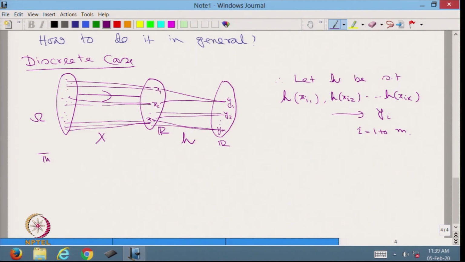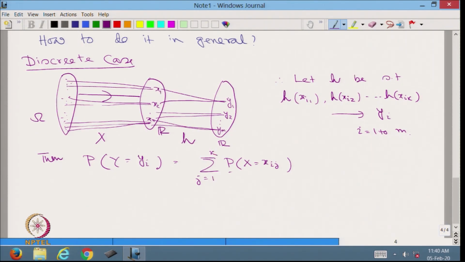Then probability Y is equal to y_i is equal to the sum of probability X is equal to x_ij, j is equal to 1 to k.